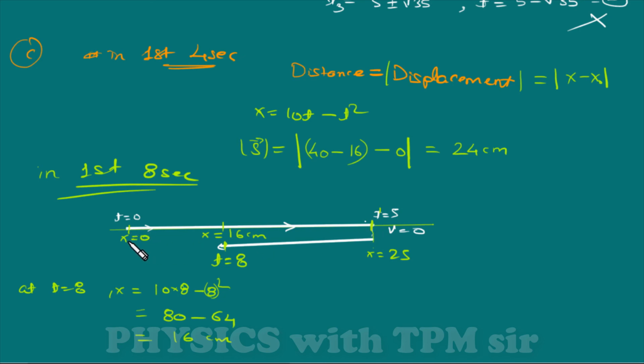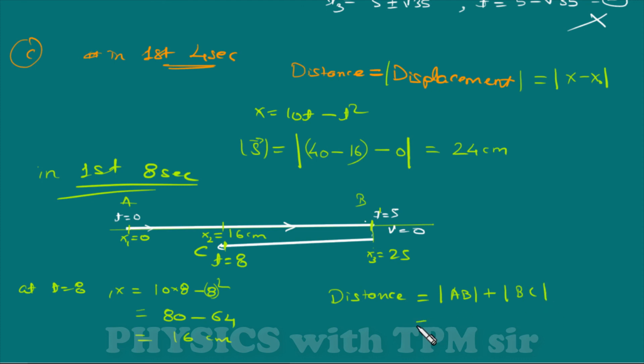Let's say this is x1, this is x2, this is x3, and it comes back again. So total distance, let me write it this way: a, b, and this point will be c. So distance will be equal to mod of AB plus mod of BC.